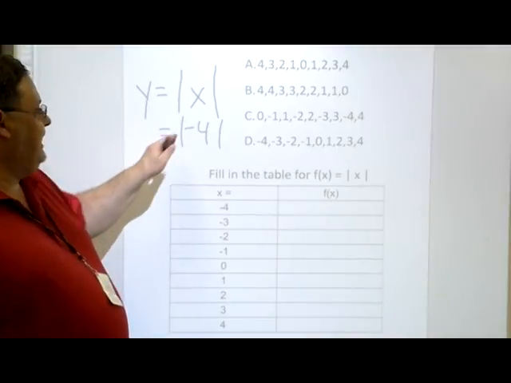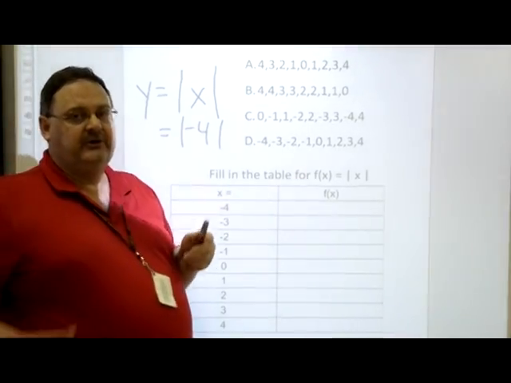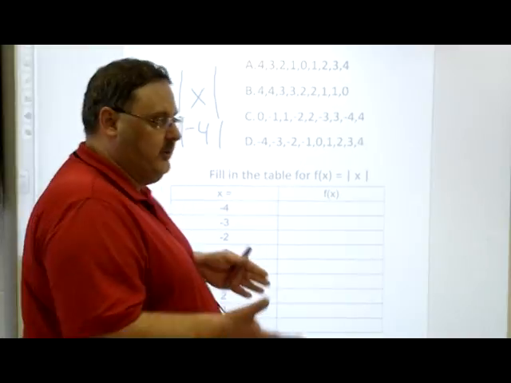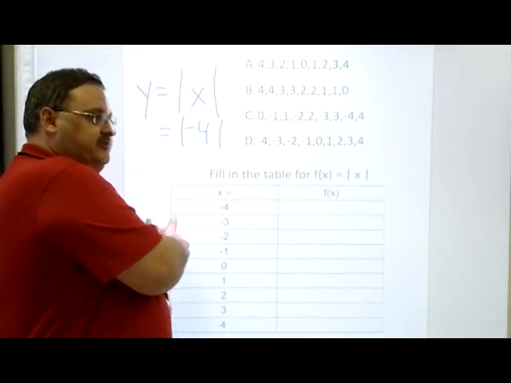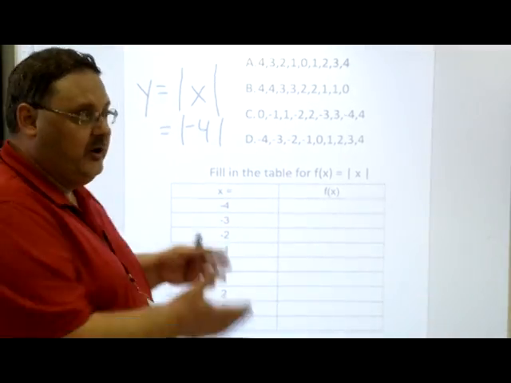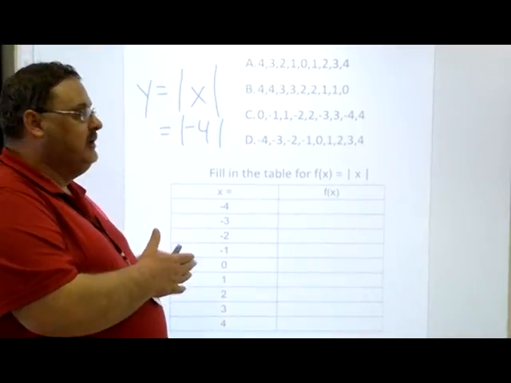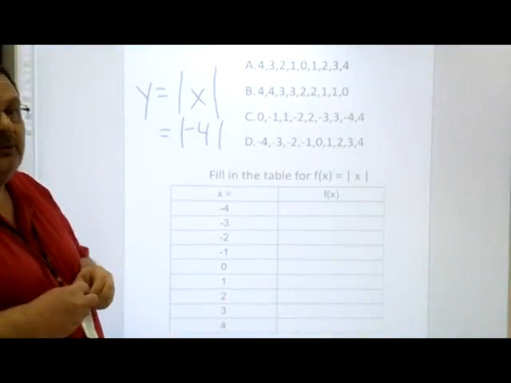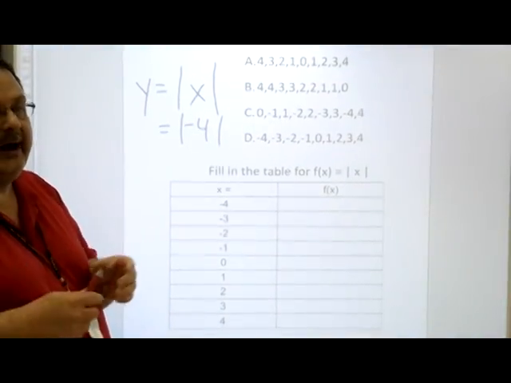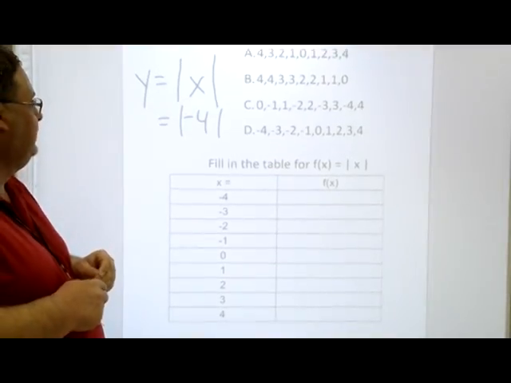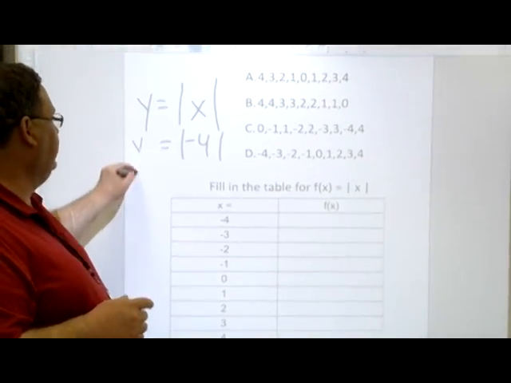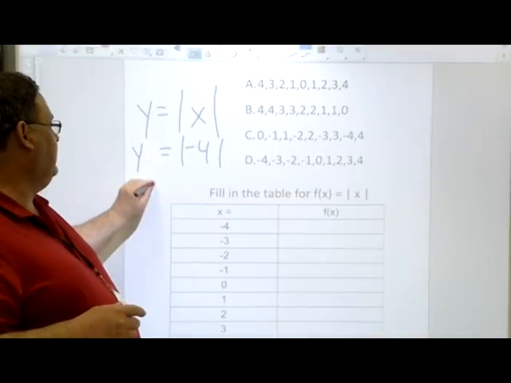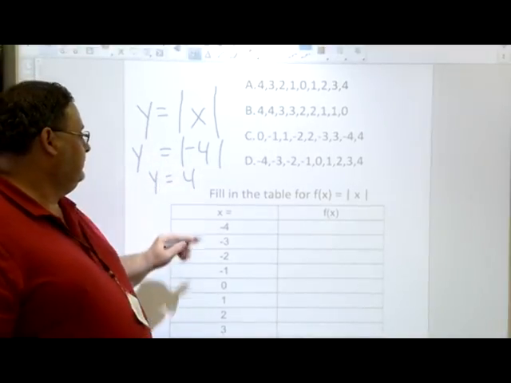And what is the absolute value of -4? That's really used for distance. In other words, I don't care whether I'm going south, negative, or north, positive. If you walk 4 miles, you walk 4 miles. So that's one area where absolute value is used in the real world. So how far did I travel? We ignore any signs, and y would equal 4.